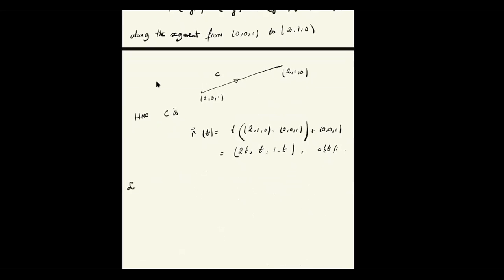So the work is given by the integral from 0 to 1. Now you have to take this r(t), plug it into the equation here, F(x, y, z). Then you take the scalar product with r prime, right?